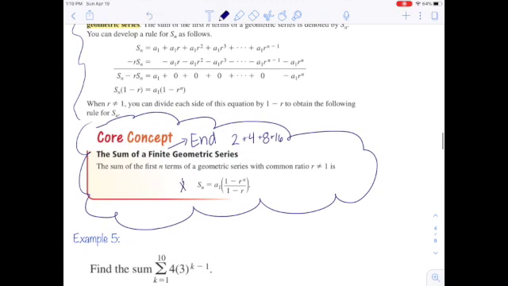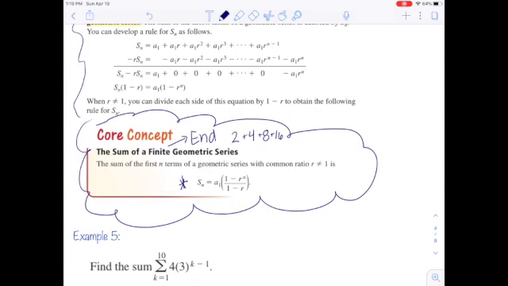And this is a rule where if you have a lot of terms, it'll make your life easier. Instead of listing all the terms out and adding them all together, you can just use this formula for the sum of the first n terms.